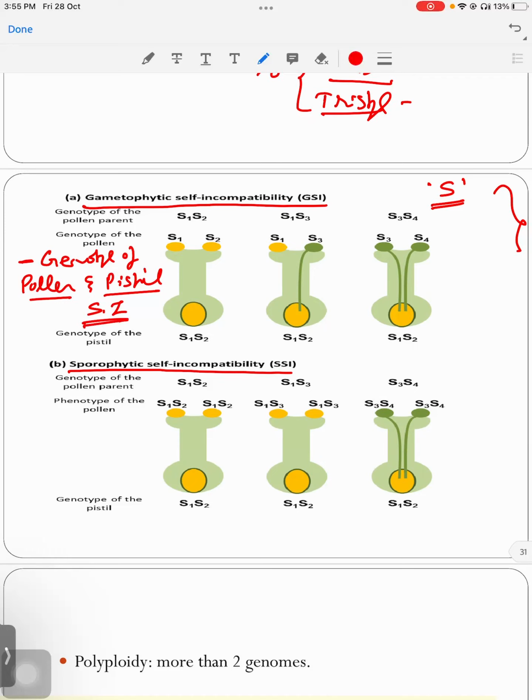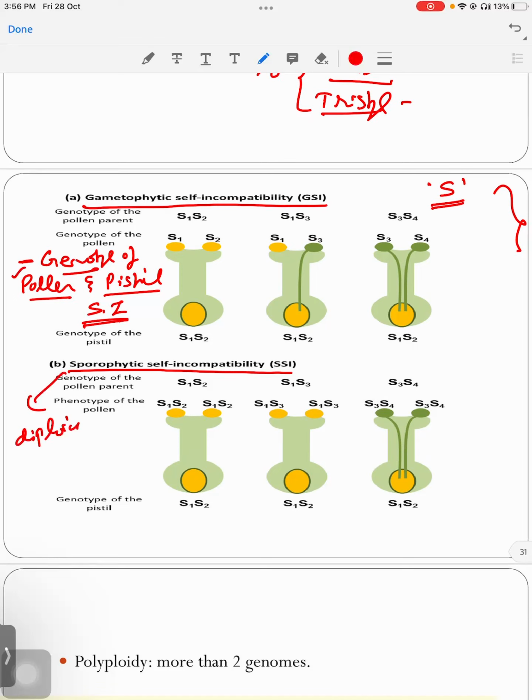But in case of sporophytic, the diploid genome of somatic tissues of the pollen producing plant will determine the self-incompatibility. Are you able to understand? In gametophytic, the genotype of pollen and pistil will determine it.